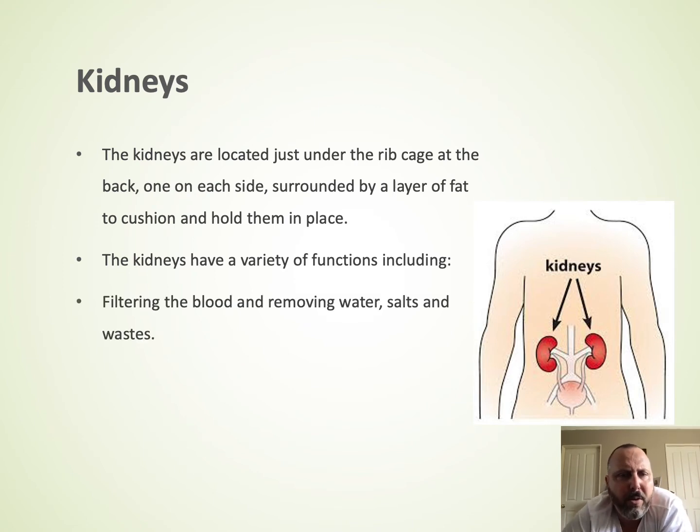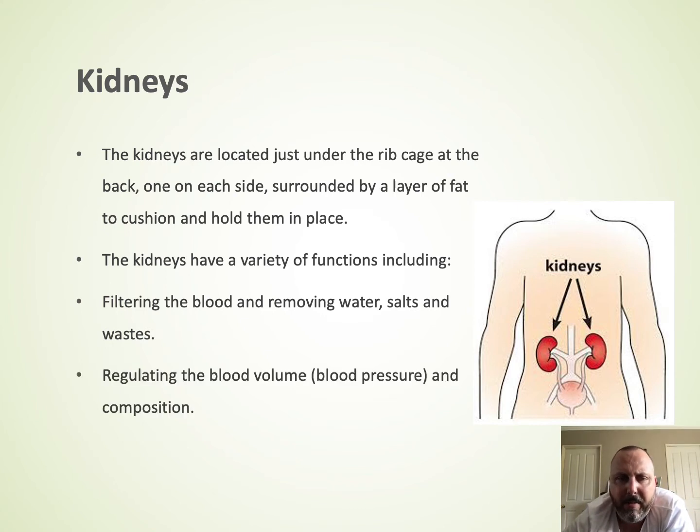Okay, so the kidneys have a variety of functions. Filtering blood and removing water, salts and wastes. Regulating the blood volume. Like I said, we can decide how much water is taken into the urine depending on our state of hydration, and that enables us to help regulate blood volume, so how much blood we physically have in our body, blood pressure and what it's composed of.